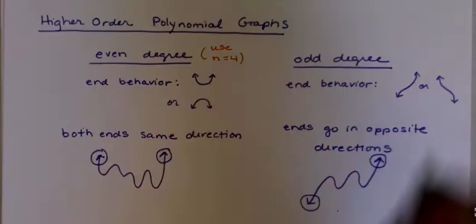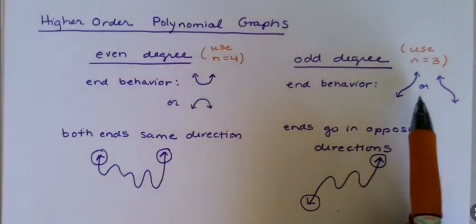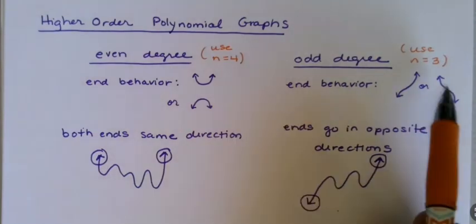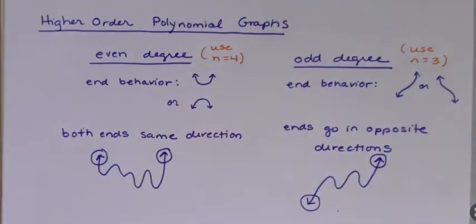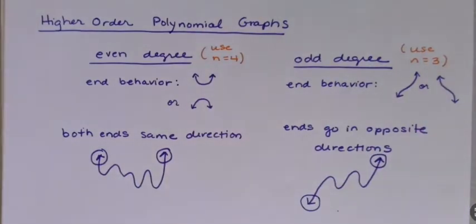And if it's odd degree, we're going to use n equals 3 or a third degree polynomial. The actual fact is, in the real world, higher degree polynomials just don't arise that often. So using third and fourth degree ones is going to be plenty for us. Okay. So let's just review real quick what those look like.